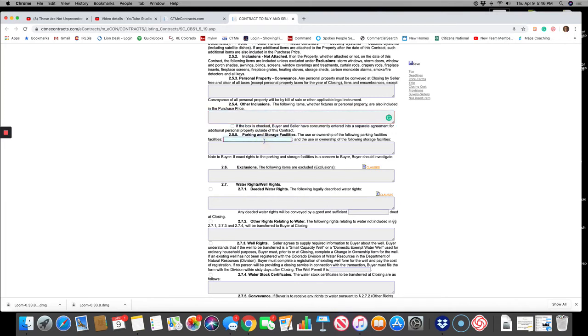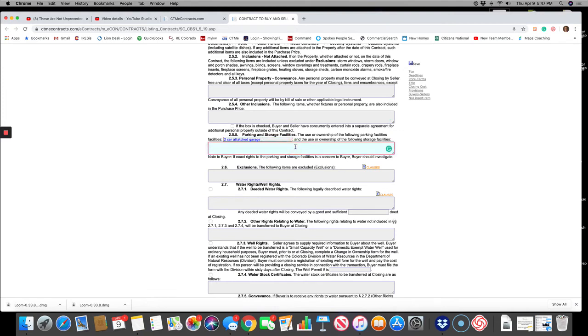Section 255, we're talking about parking and storage facilities. This is where you list the garage spaces, maybe carports, maybe a parking space that is deeded with the property, maybe in a condo or townhome complex. So you would simply put 2-car attached garage.